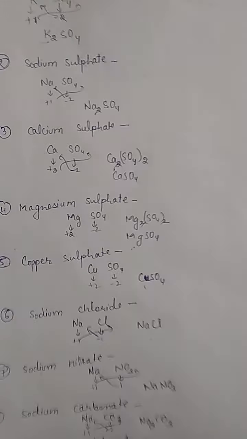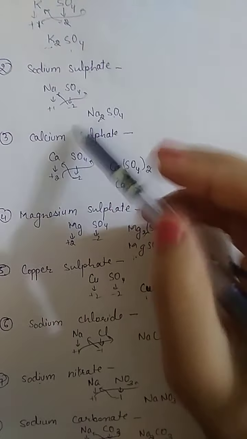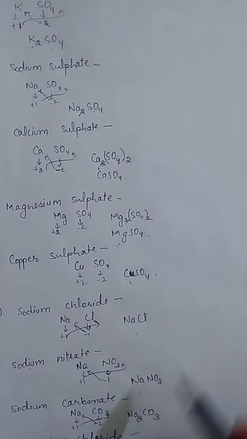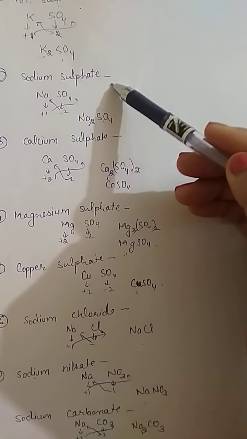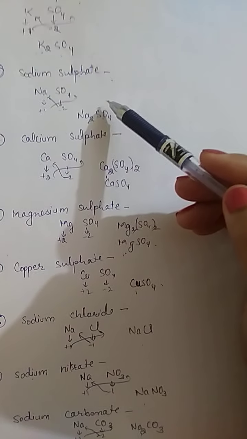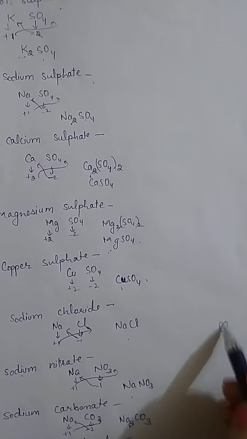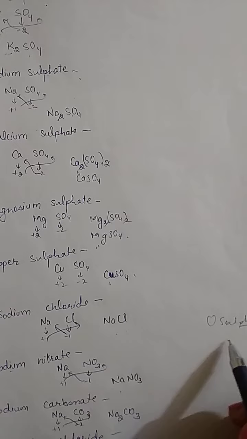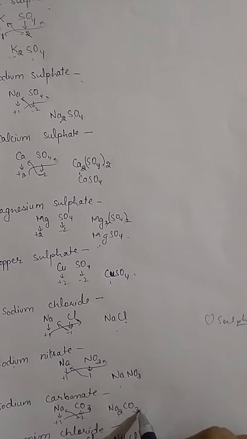Again if you see here, it is sulfate: SO4, SO4, SO4, SO4, SO4. These are sulfate salts. Then chloride salts, nitrate salts, carbonate salts. So 4 families are here.